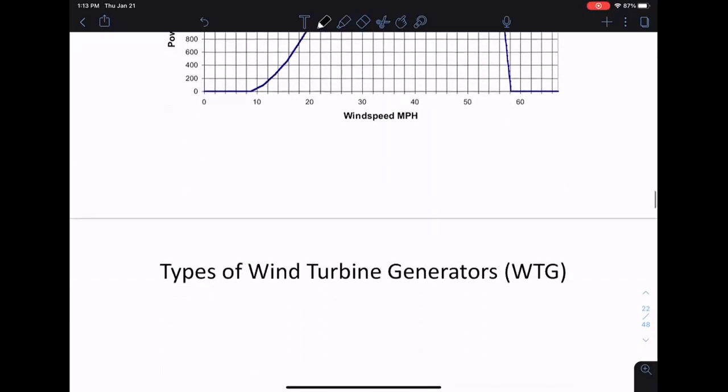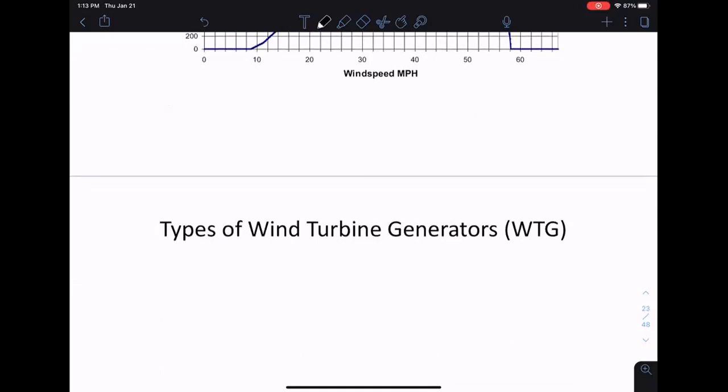So to get there, let's think now about generators. If you remember 351, we basically have two types of generators or motors or machines. The first is induction machines.